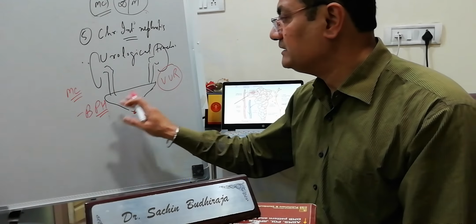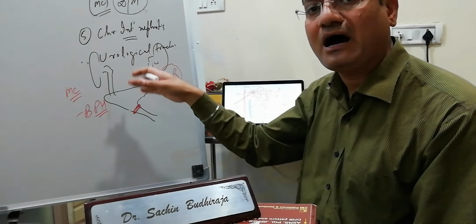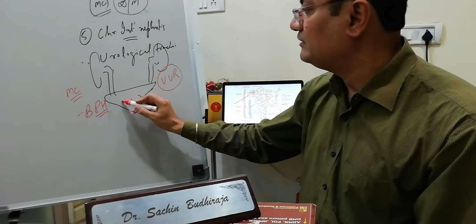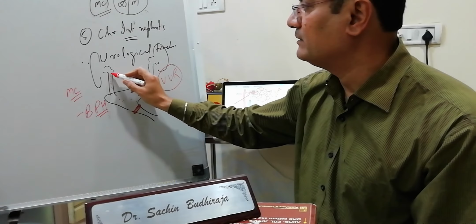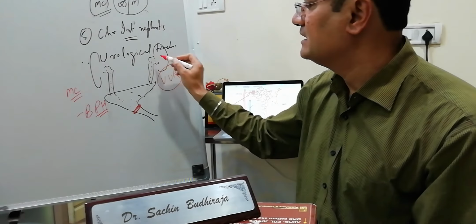With these two conditions, there is an obstruction here and a reflux here, so the urine is held back into the higher tracts, right? Now, suppose the urine is being held back in the bladder, or in the ureter, or in the pelvis, then there is no issue, because urine. Why is there an issue? Because urine contains waste products.